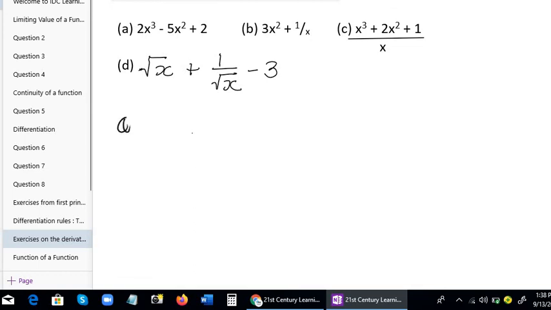For A, we have 2x cubed minus 5x squared plus 2. We are going deeper now. If I want you to find the derivative of what we have here, what will you do?